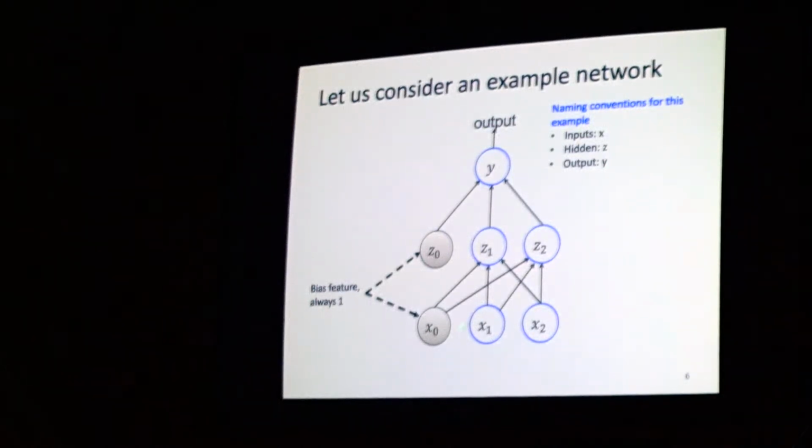Similarly, if you calculate z2, you'll see that there is another set of weights combining x1, x2, and x0. Again, because x0 is 1, the weight on the edge between x0 and z2 is the bias parameter for z2. This is just our convention.